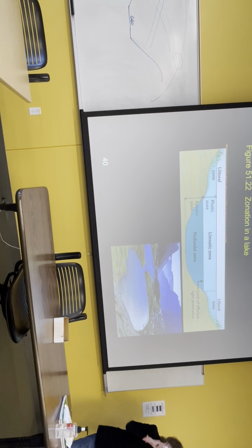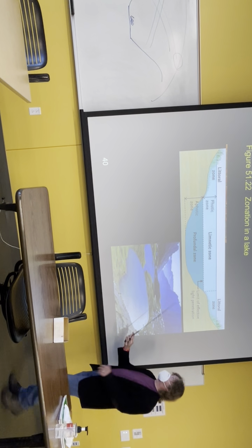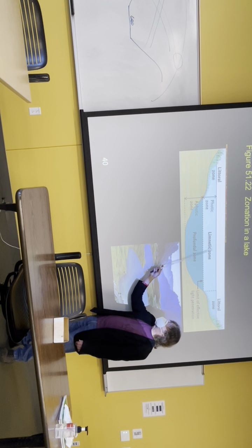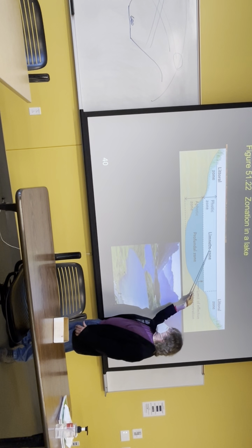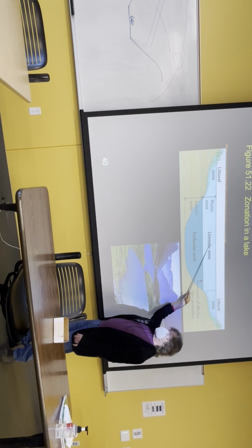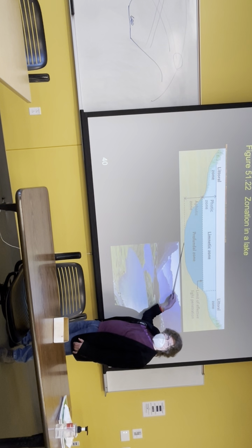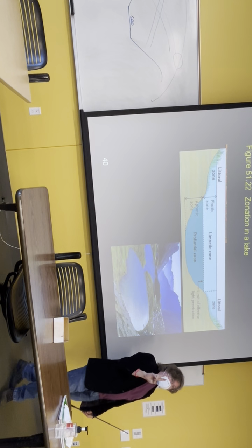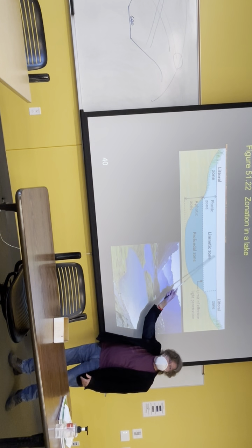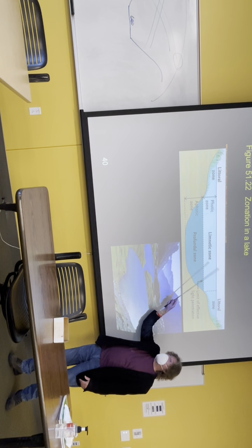Now, as I said, one of the problems is if it's a real big lake, out in the middle, there's not a lot of nutrients to live on, okay? For the simple reason that these organisms die, they take everything down to the bottom. But there are two times throughout the year that this can become a very rich zone because we get turnover.